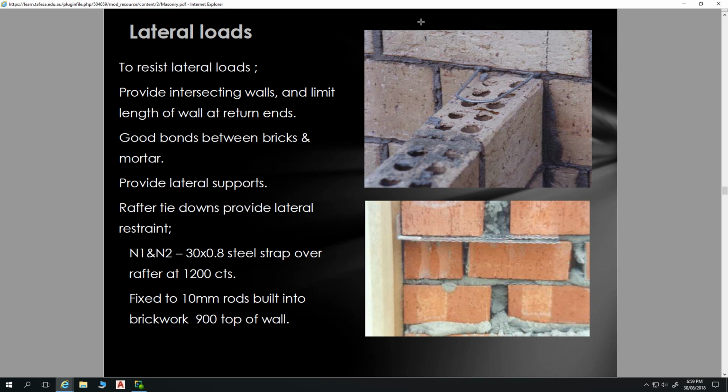So in elevation, this is our brick wall, and our rafter's coming here like this, and our 10mm rod sitting down there. Then if the wind tries to rip this roof off, it has to take a big cone of brickwork with it. That's the intention. Does that make sense? Sorry, I couldn't understand properly.